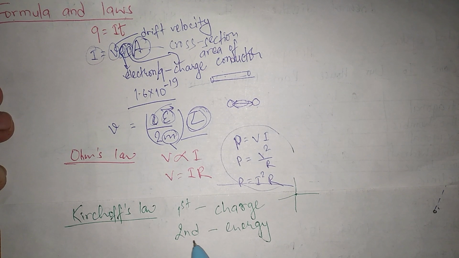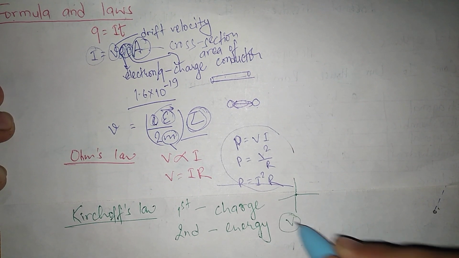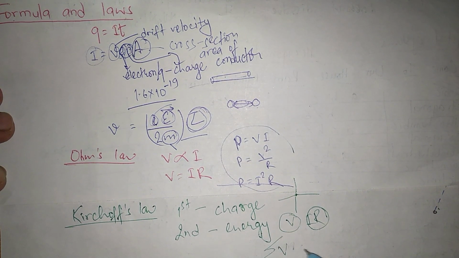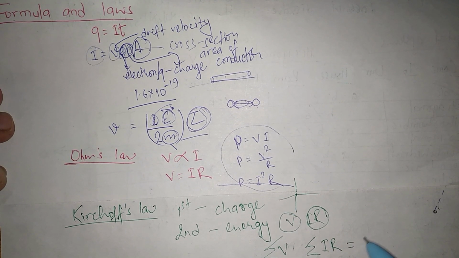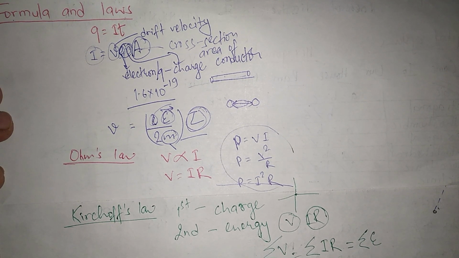Kirchhoff's second law states that the algebraic sum of voltage, or current into resistance, is equal to the algebraic sum of EMF taken in a closed loop. There are sign conventions and other details you can learn yourself. So now we will go on.